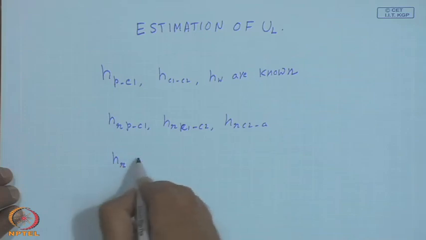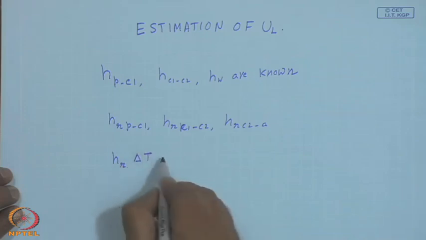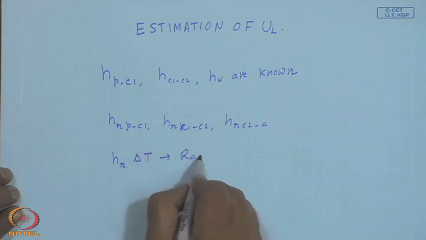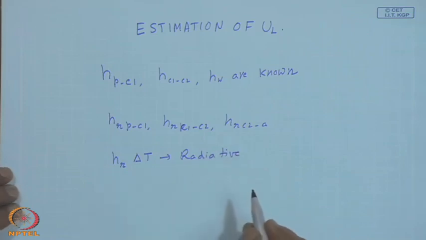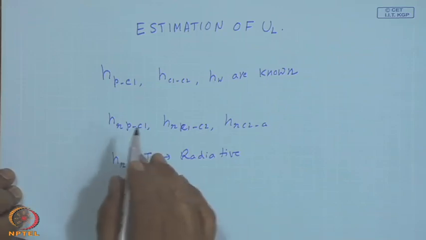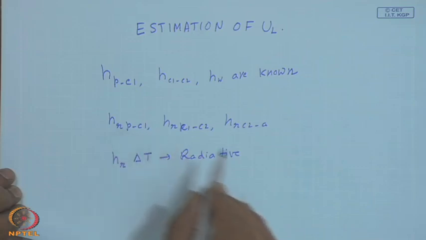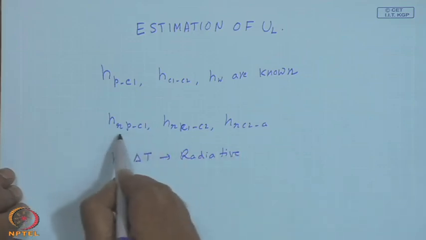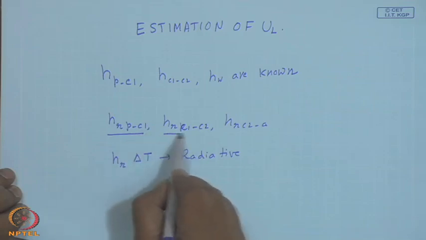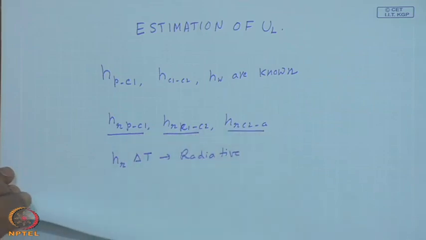These are radiative heat transfer coefficients, which in general HR multiplied by some delta T gives the radiative loss. Though we know that the radiative loss is proportional to the difference of the fourth power of the temperature, this has been expressed similar to that of convective loss. Then nonlinearity is absorbed in the definitions of the radiative heat transfer coefficient.